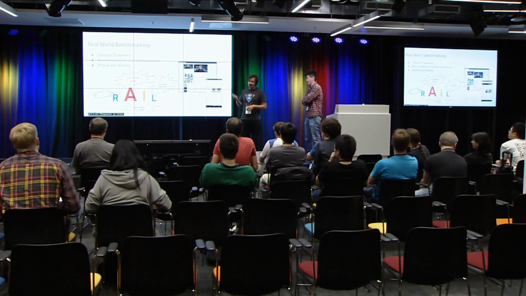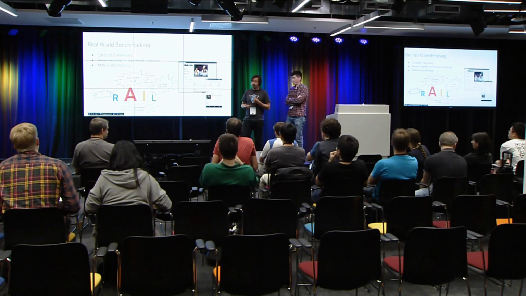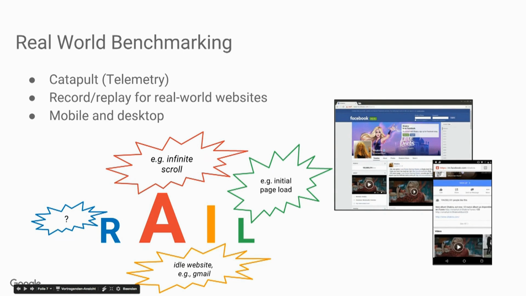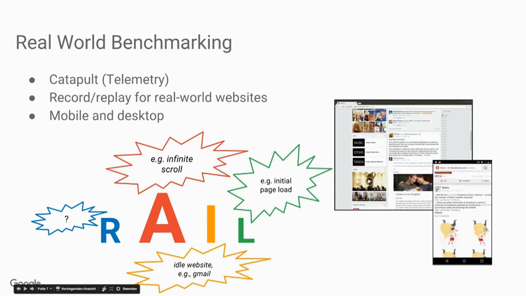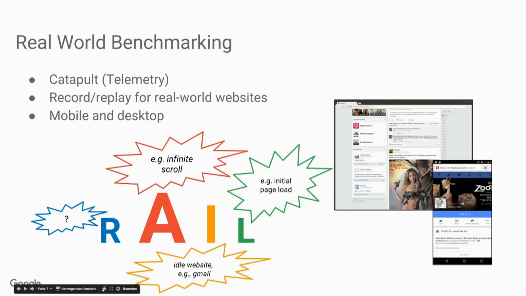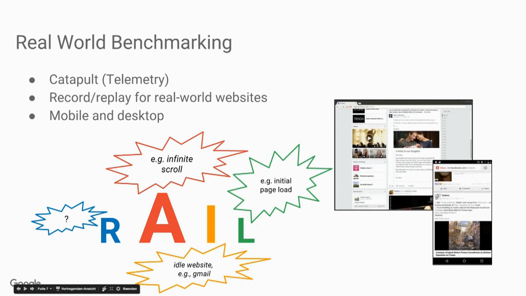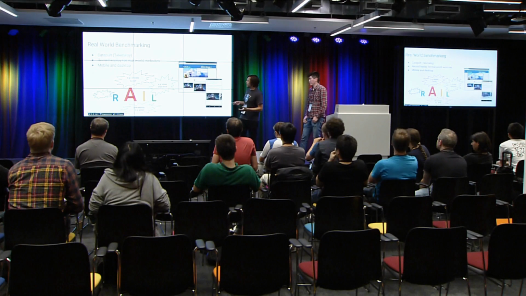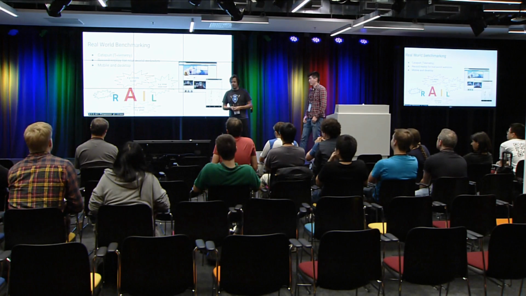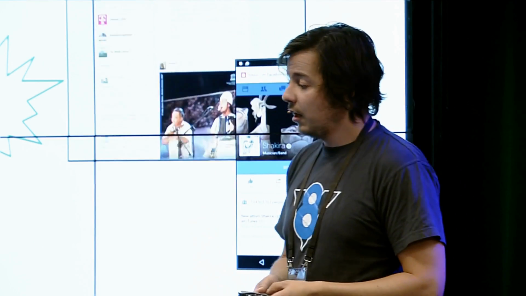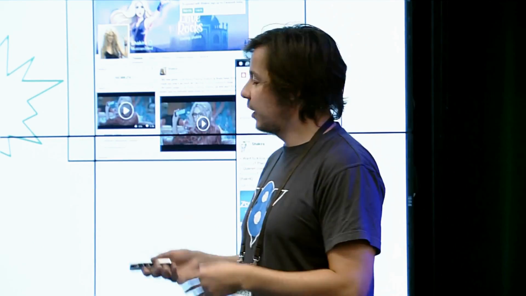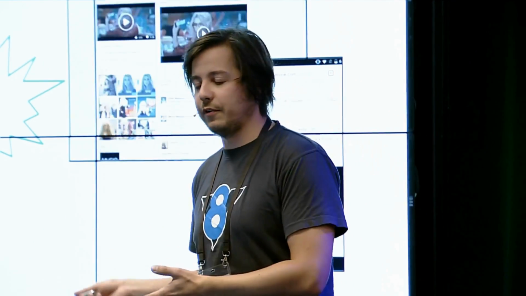How do we do that? What do we actually measure? We measure real-world websites using Catapult or Telemetry, however you want to call it. Basically, it's record and replay of real websites for mobile and desktop. And this is what we actually do for RAIL. We have, I think, a pretty good intuition on the animation part of RAIL. For that, we have a set of pages that do just infinite scrolling.